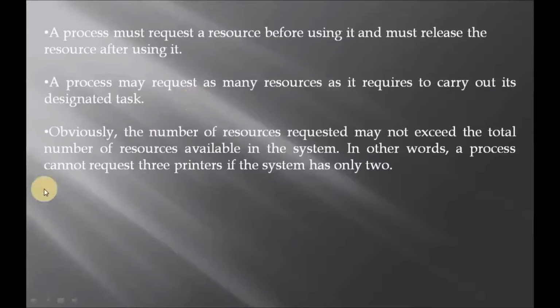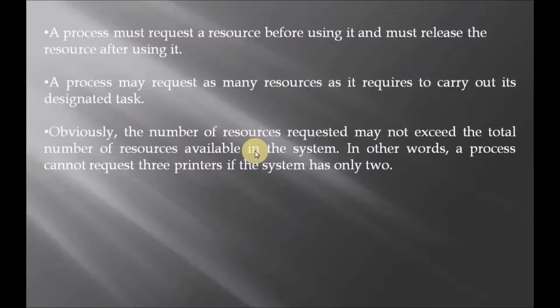Next thing, another important thing, the number of resources requested may not exceed the total number of resources available. Very simple. See here, suppose there are 3 printers available and the process is requesting 4 printers. No, it's not possible.